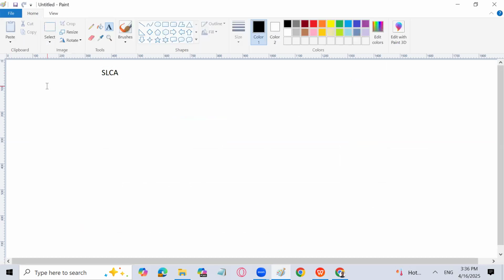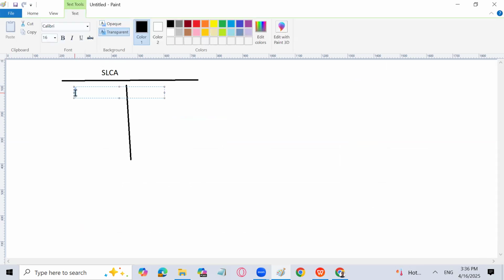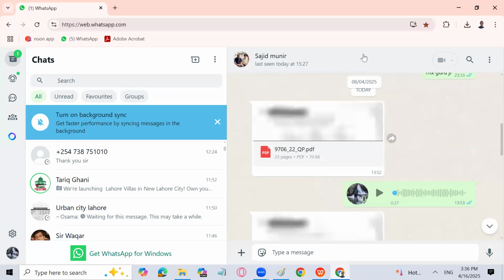It is supposed to be a simple sales ledger control account. So let's prepare that, SLCA. I normally use the abbreviation just for the reason of solving it more easily. So I will start with brought down.